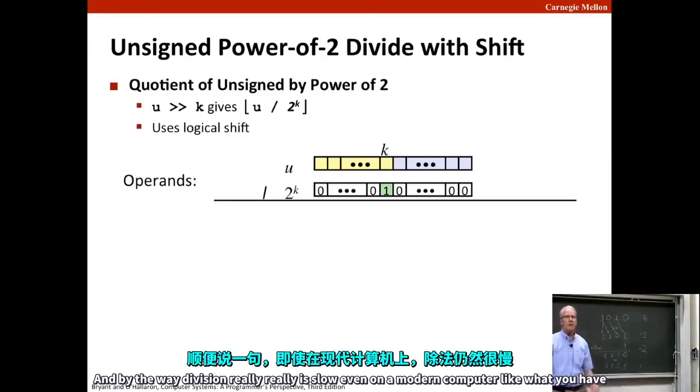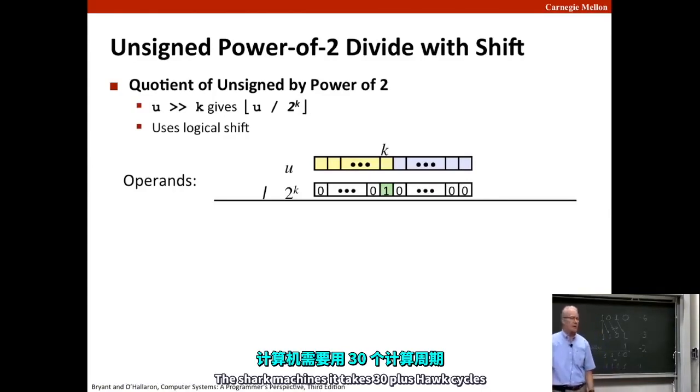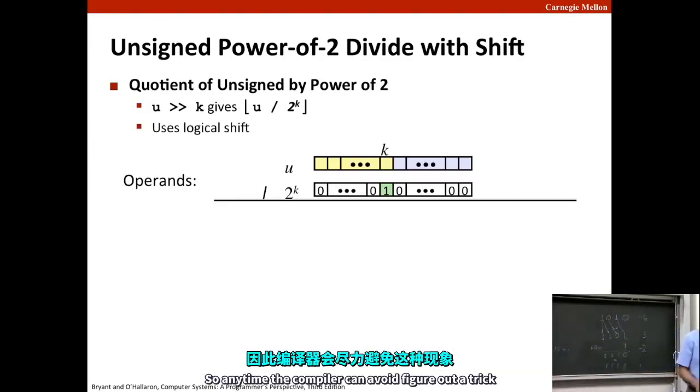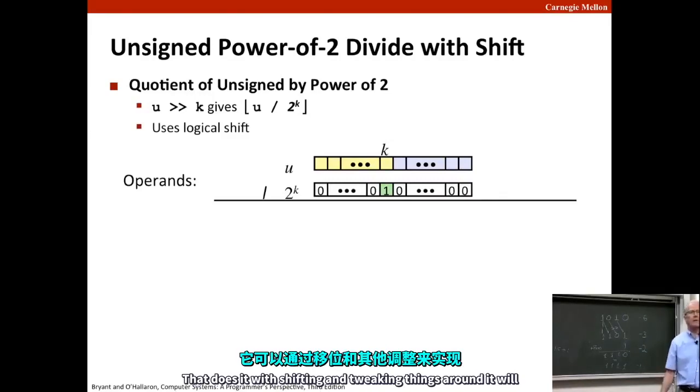And by the way, division really, really is slow, even on a modern computer like what you have, the Shark machines. It takes 30 plus clock cycles. So anytime the compiler can figure out a trick that does it with shifting and tweaking things around, it will.